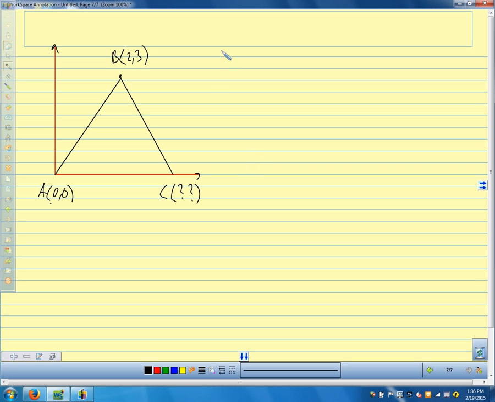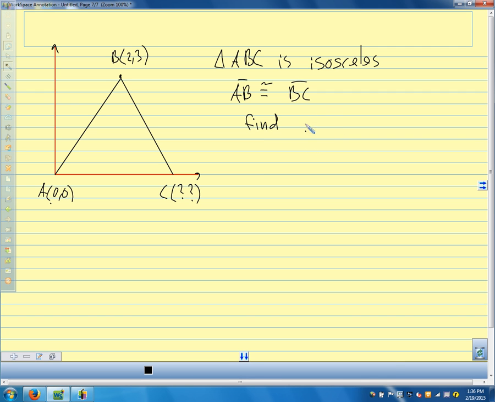And I'm going to say that triangle ABC is isosceles. So we're saying that AB is congruent to BC. And we want to find C. We want to find point C.